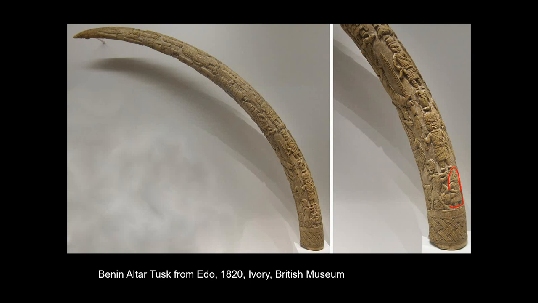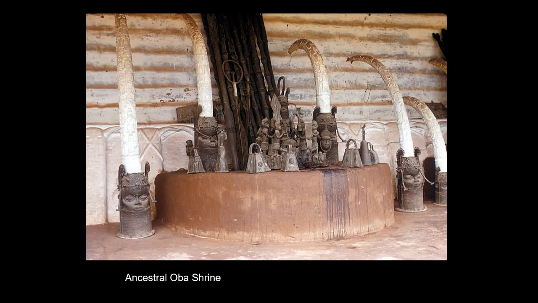And so a shrine, this is a reconstruction of an ancestral shrine for the Benin Empire. And it is a low plinth, usually attached to a wall. That wall is under a veranda. And then you have these heads, which represent ancestors, and the heads have the carved tusks.